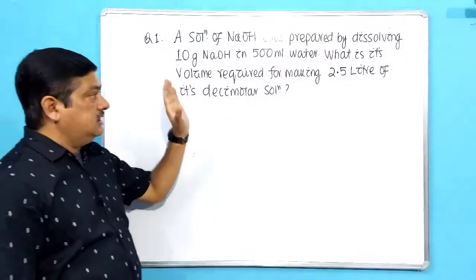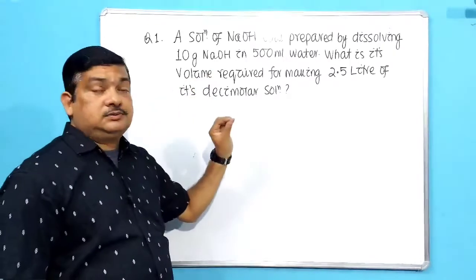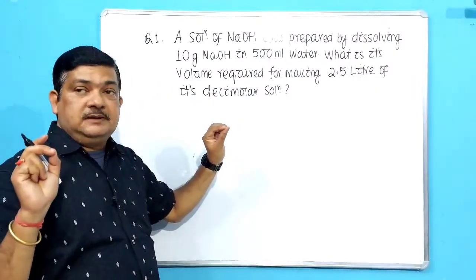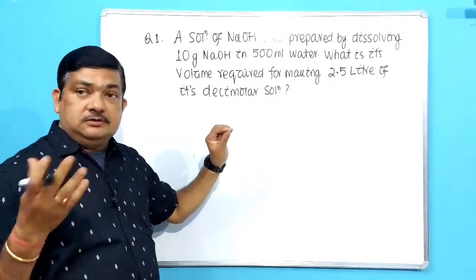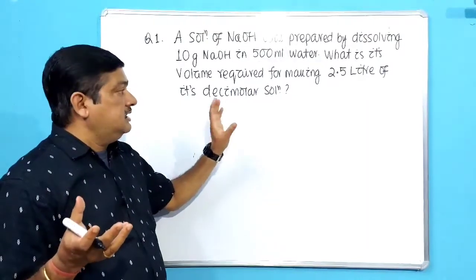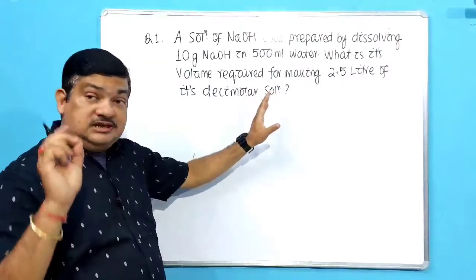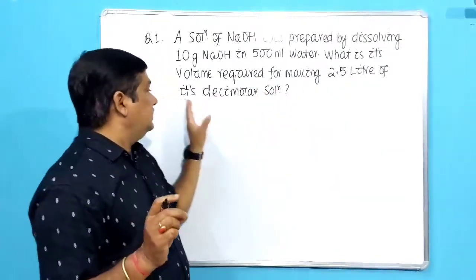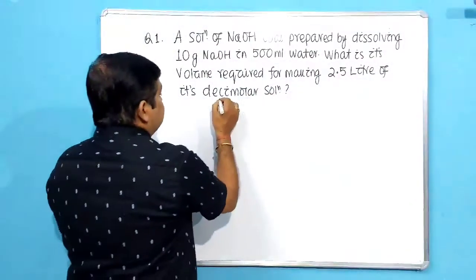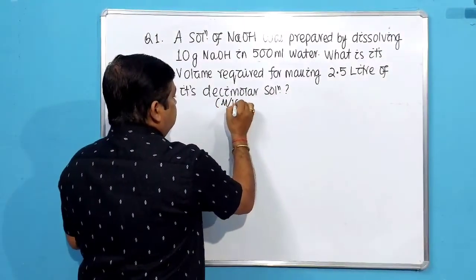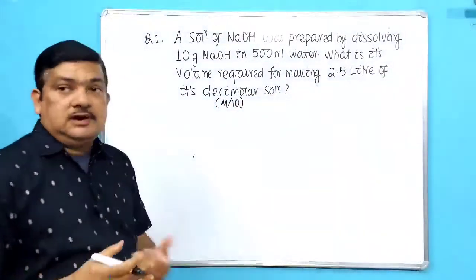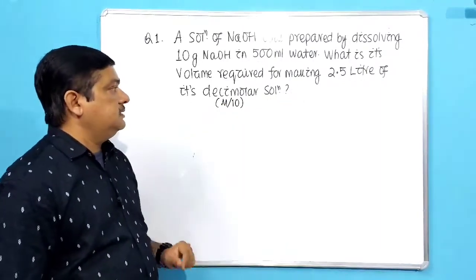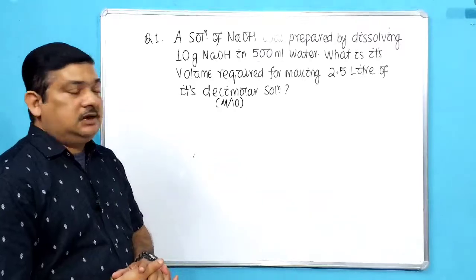We have to follow the question first. 10 gram of sodium hydroxide is dissolved in 500 milliliter of water, so one solution is prepared. You can calculate its molarity by using the formula given to you earlier. Then what volume of this solution is required to make 2.5 liter of its decimolar solution? Decimolar means M by 10, as I told you already, or 0.1 M. So what volume of it is required for making 2.5 liter of its decimolar solution?